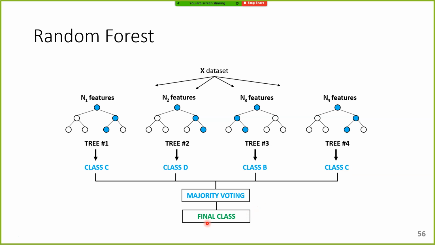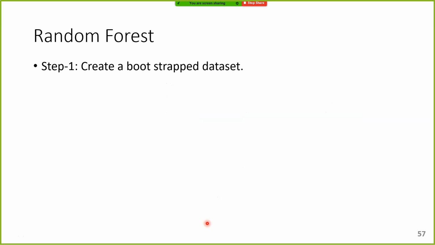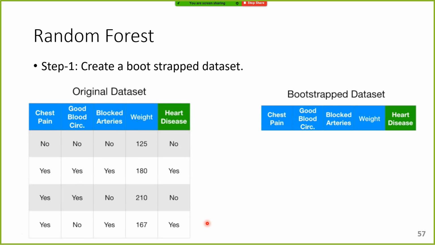Now the question is, how do we construct the random forest? We start by creating a bootstrap data set. Suppose we have an original data set like this, where we have data for chest pain, good blood circulation, blocked arteries, weight, and heart disease.